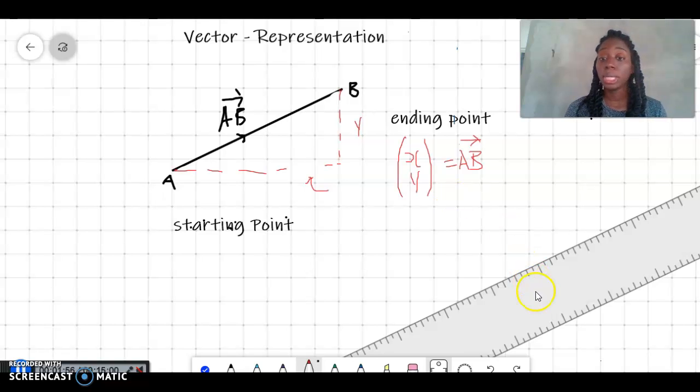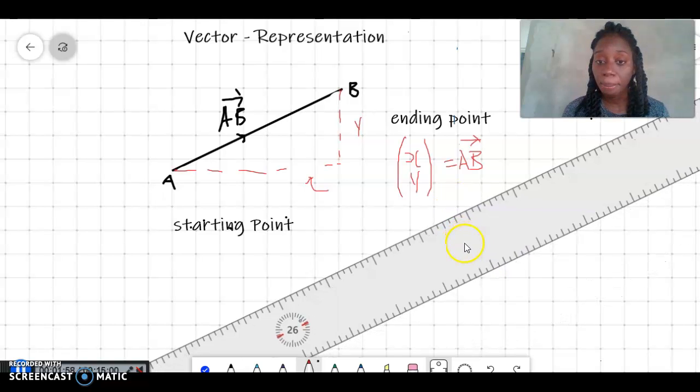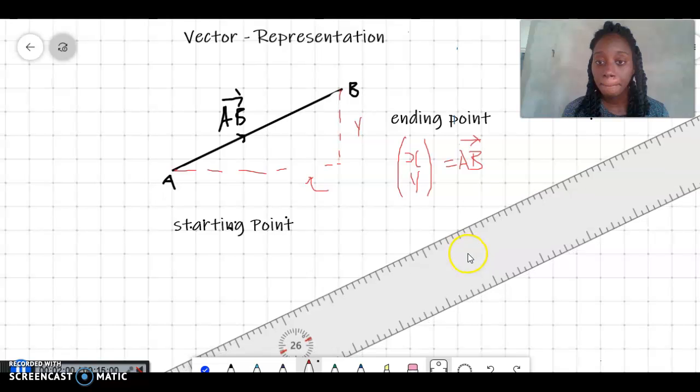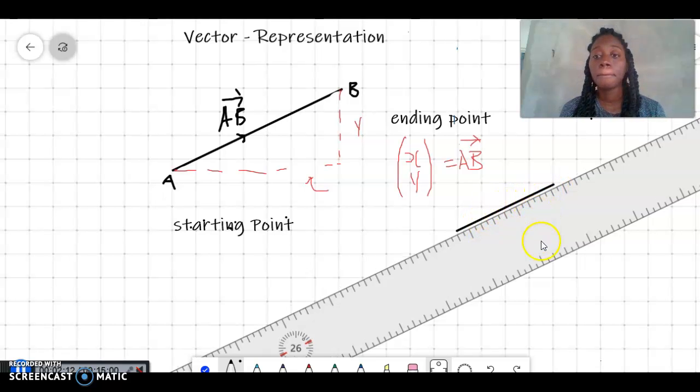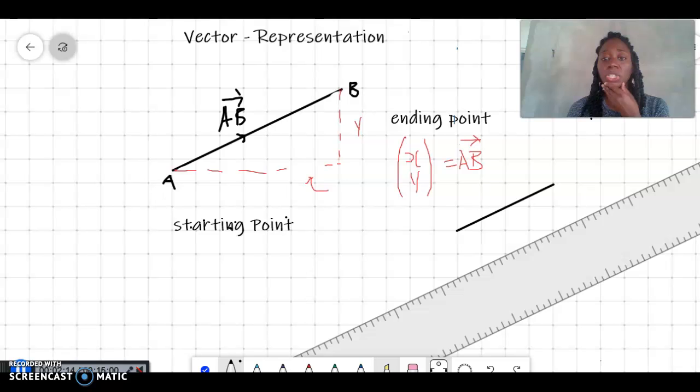Now let us look at another example. So I'm going to be drawing the journey, and this journey now is Roy's journey. So Roy travels from home to school in this case.